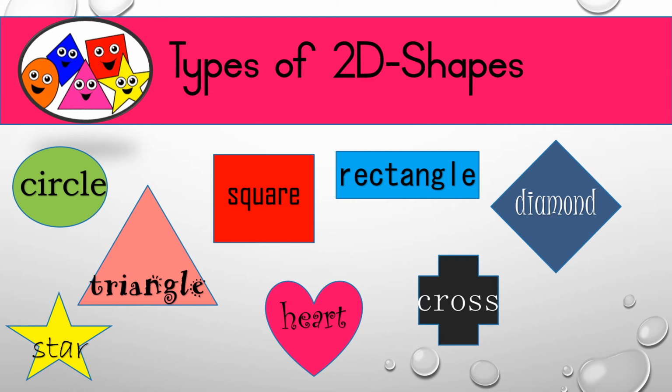A cross that reminds us of Easter weekend that just passed. And lastly, an oval. It looks like a circle that someone pressed flat like a pizza. That's our 2D shapes. A circle, a triangle, a star, a square, a rectangle, a heart, a diamond, a cross, and an oval.